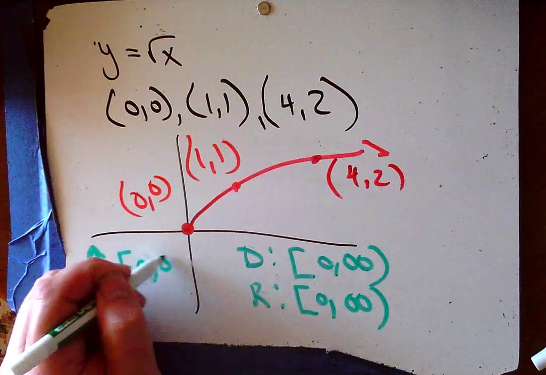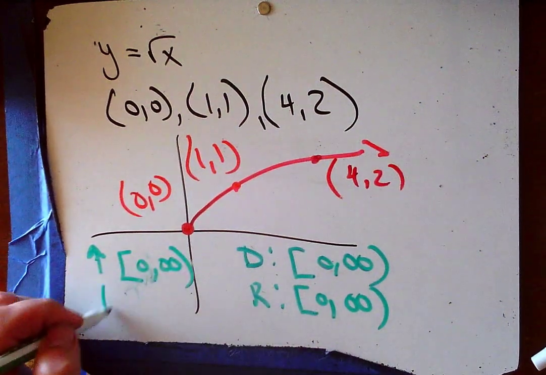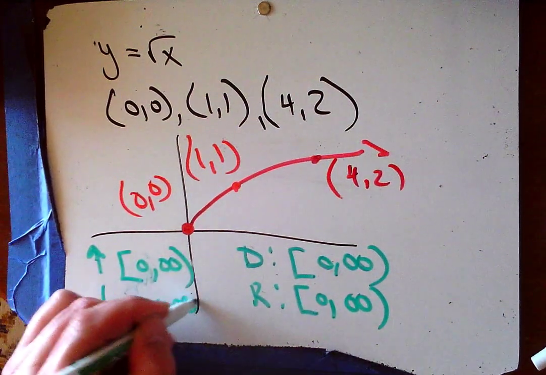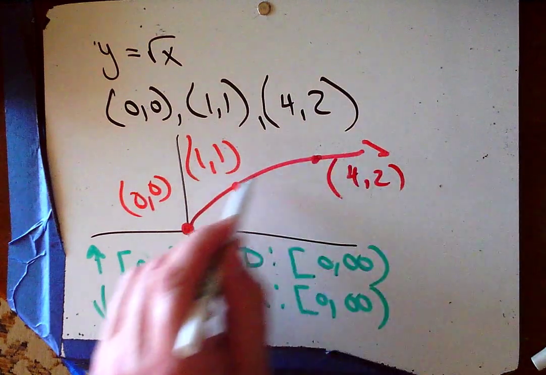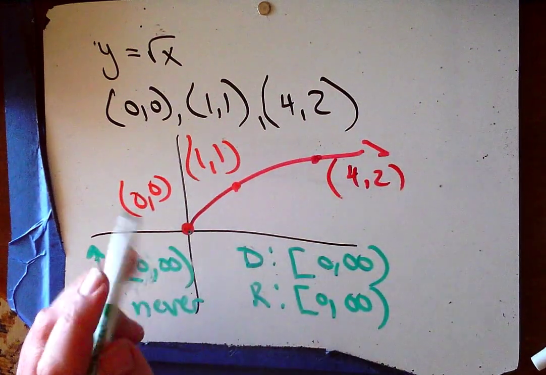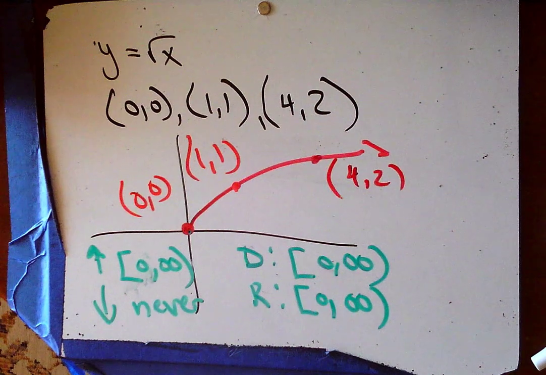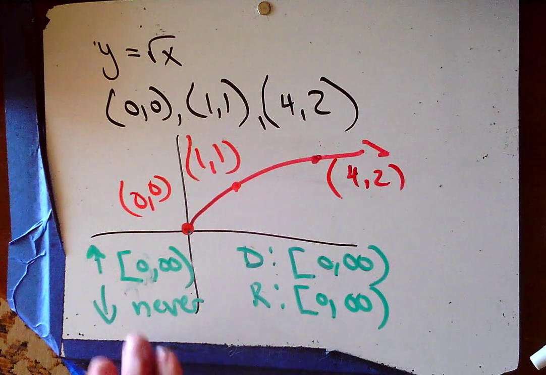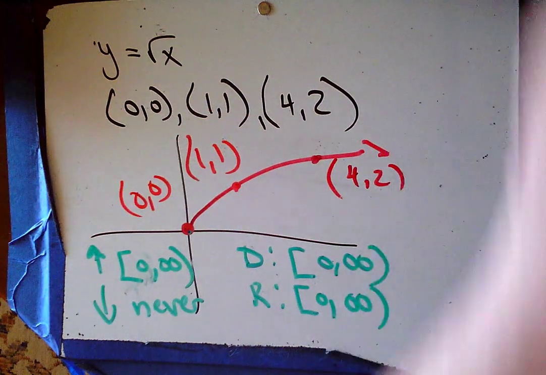So from 0 to infinity. And decreasing, never. This function has a positive slope everywhere, including at x equals 0. At x equals 0, it actually has an infinite slope, but it's a positive infinity. So we're going to go with is included for increasing there.